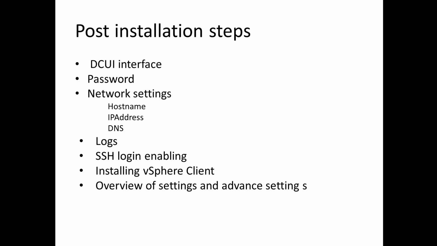We will see where to change the passwords and where to give basic configurations like host name, IP address and everything. We can do that from the DCUI, and we can see the logs. SSH is disabled by default, so we will enable it and connect with PuTTY to do operations, and install the vSphere client. We will see all this now.